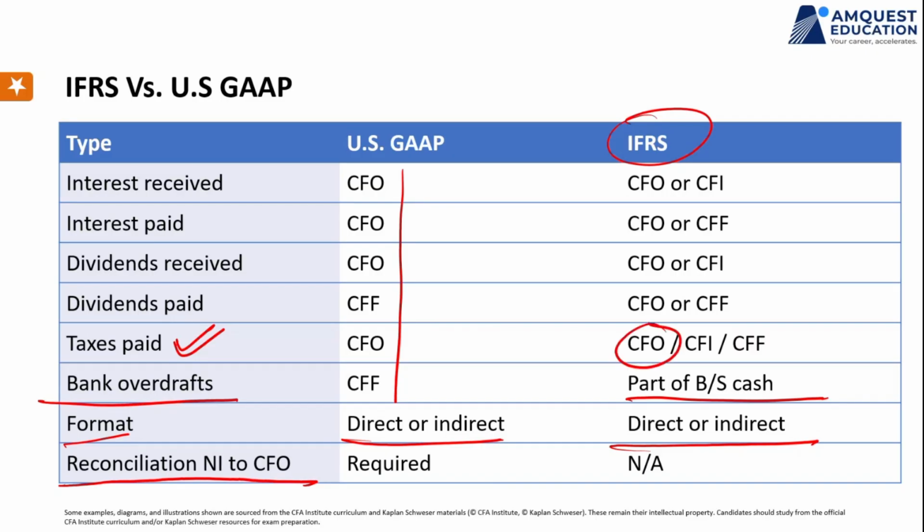If you are paying taxes related to investments, let's say capital gain tax, put it in investing. And if you are paying taxes related to any financing activity, then put it under the financing bucket. So IFRS is a bit flexible and says, take the nature of the tax, and based on the nature of the tax, classify it in any of the three buckets.